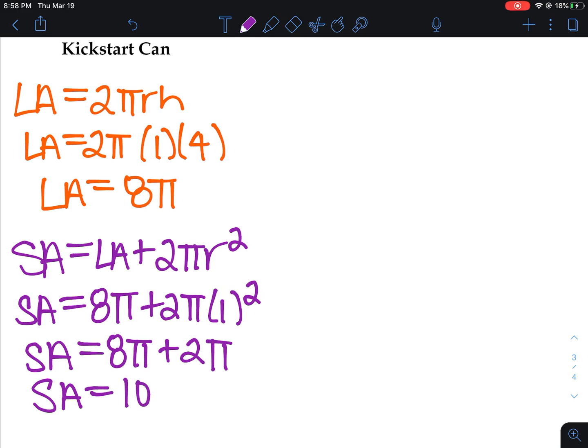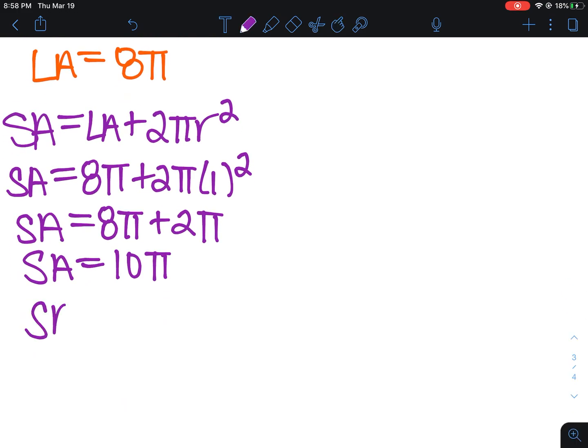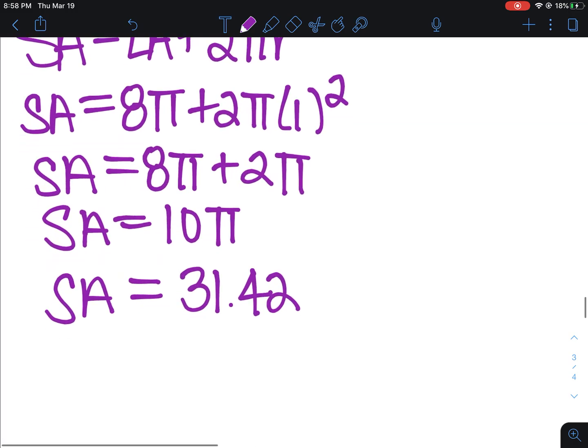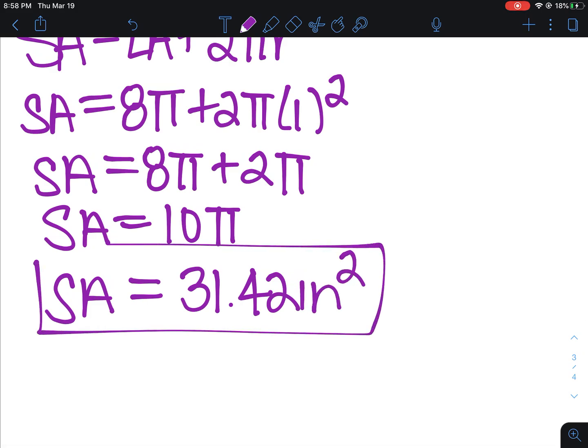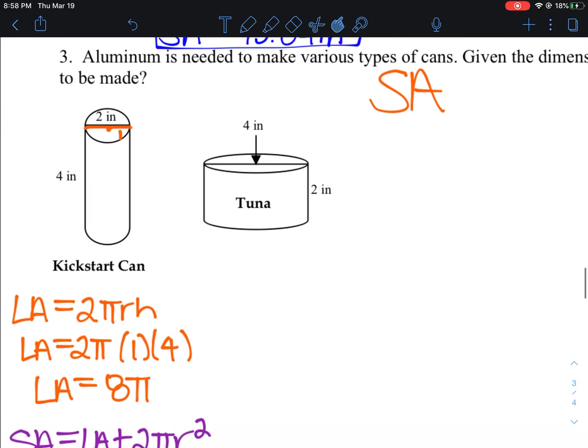So this would be 8 pi plus 2 pi, so that's 10 pi, which, again, since it's a real-world problem, let's just change it to a decimal. So 10 pi is 31.42. And it's inches. Okay, so that's the surface area for the Kickstart, 31.42 inches squared.